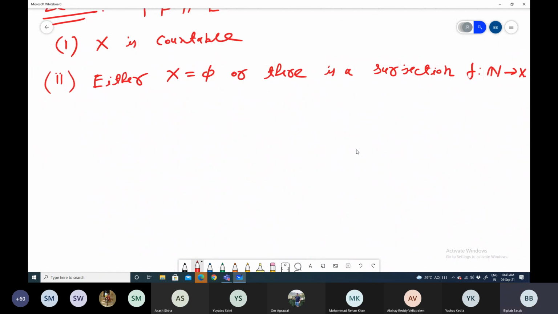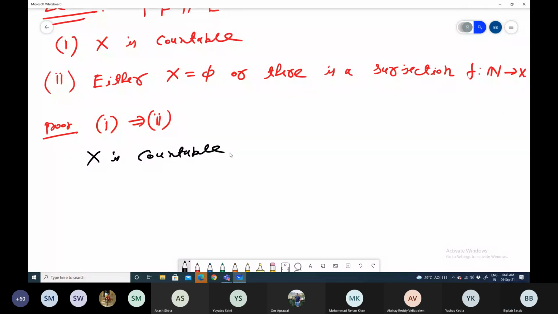So first we'll prove that one implies two. So that is, X is countable. Now since X is countable, it has three cases.